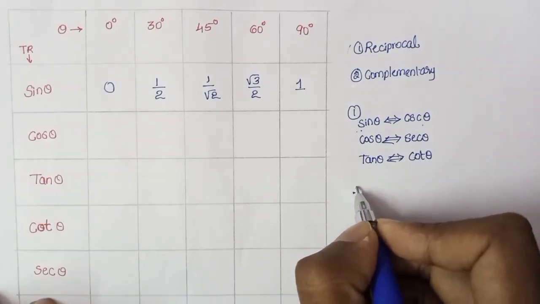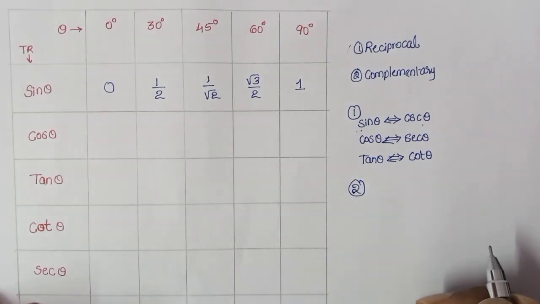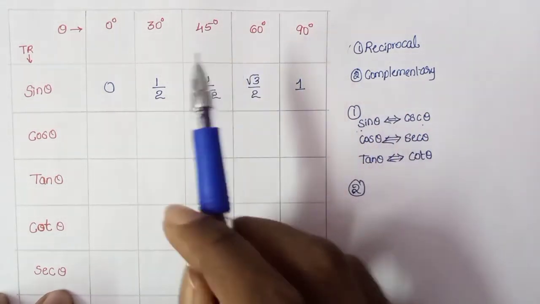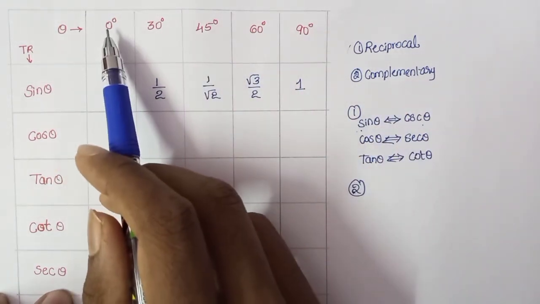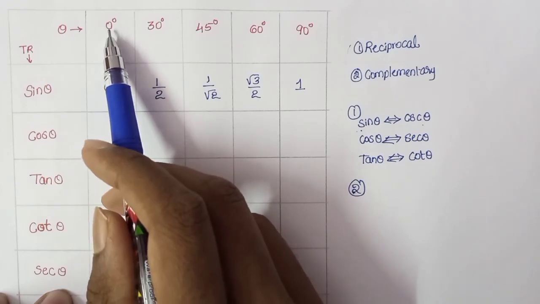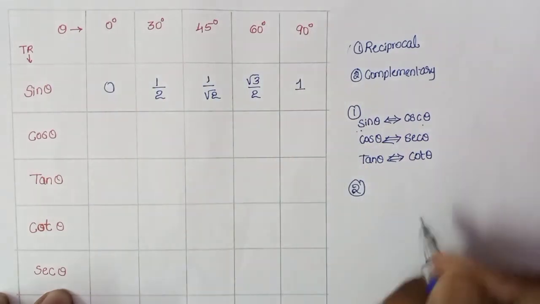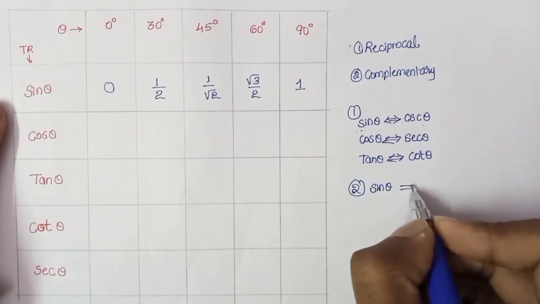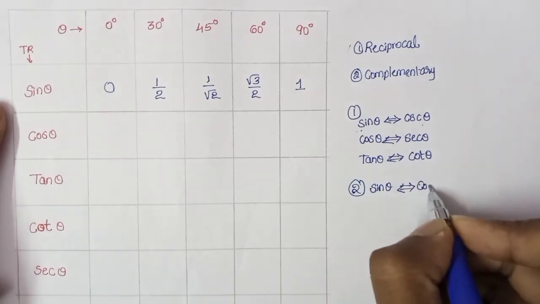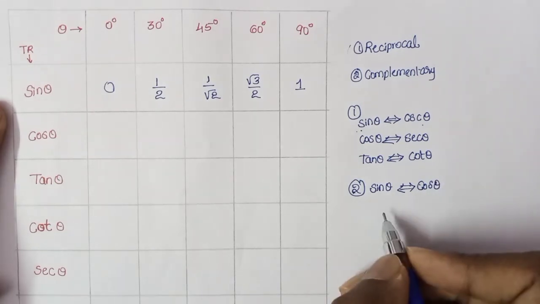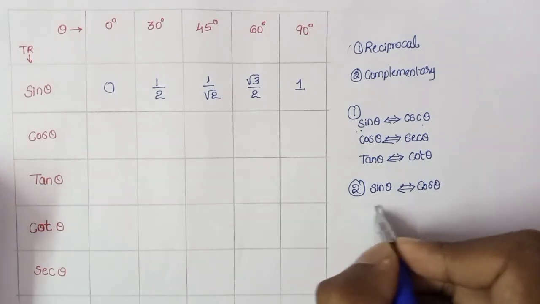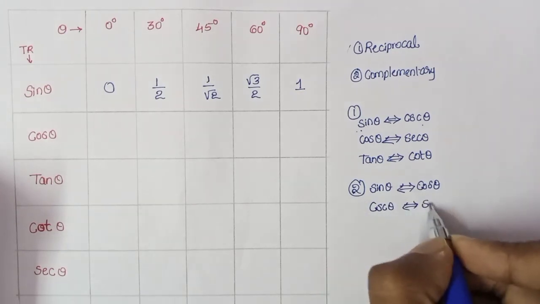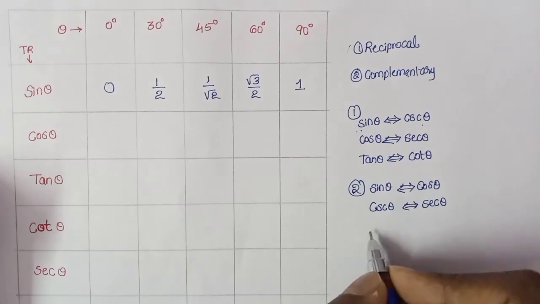And in complementary relationship, remember, 0 of something is 90 of something. That is, sine theta and cos theta are complementary. Next, cosec theta and sec theta are complementary.